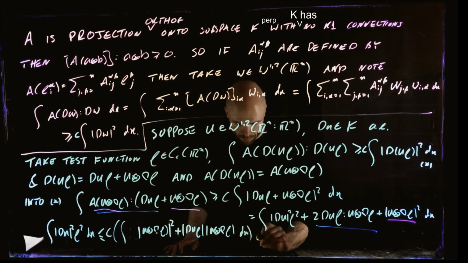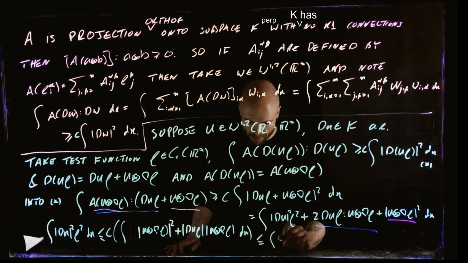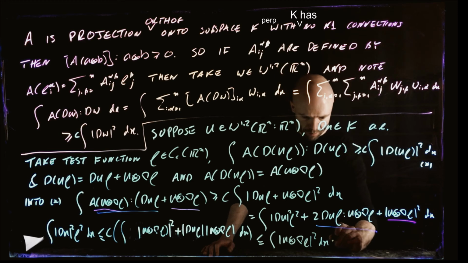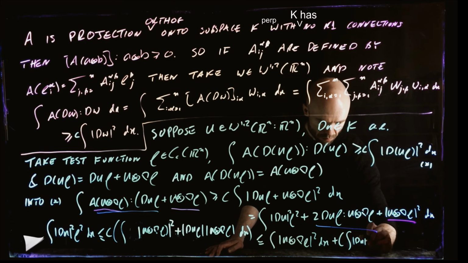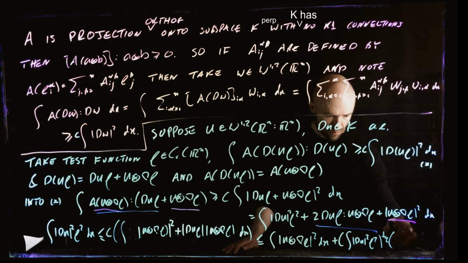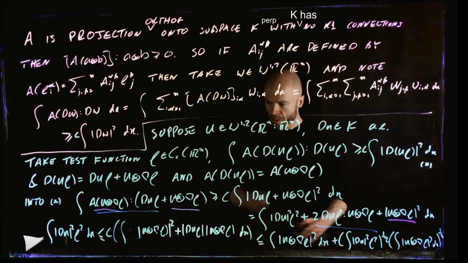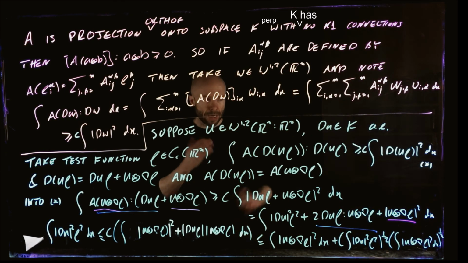So this thing is less than this. And then we apply Cauchy-Schwarz to the mixed term. Cool. And now we're in good shape.